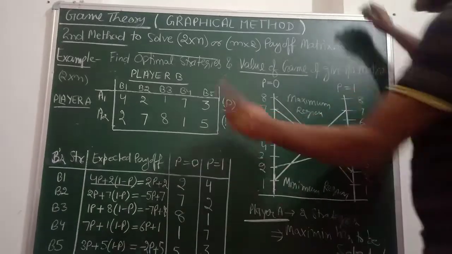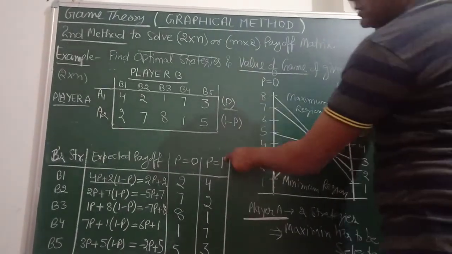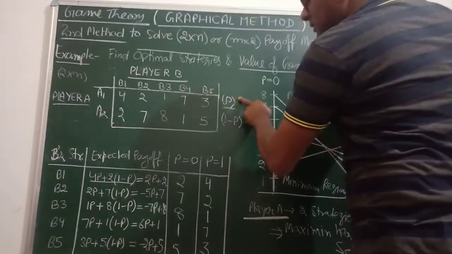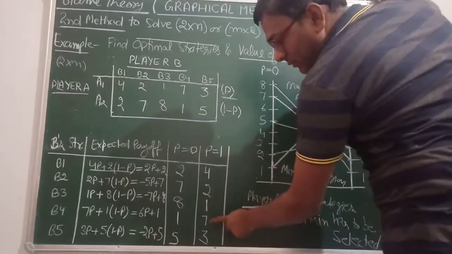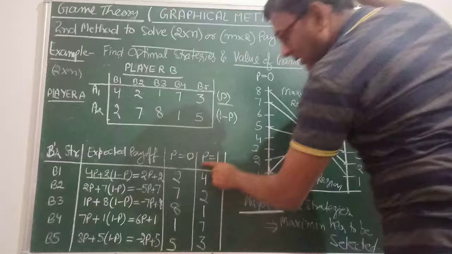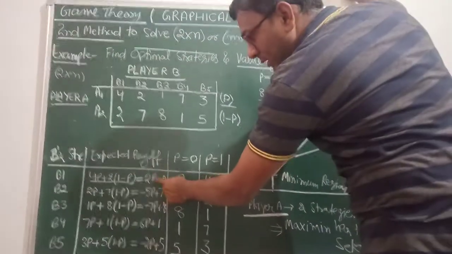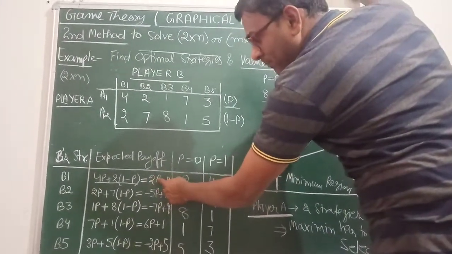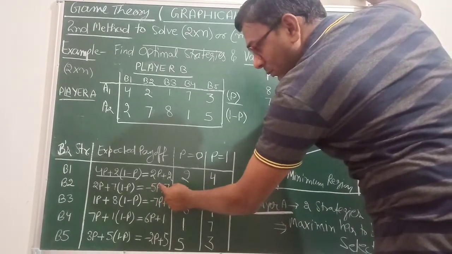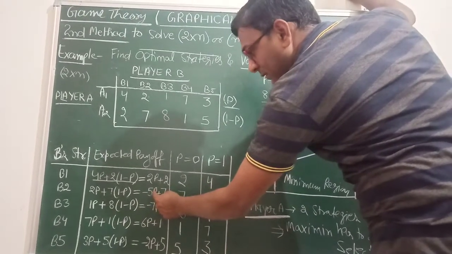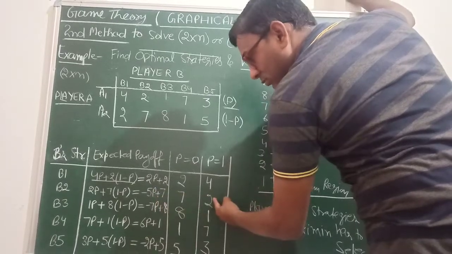Now if the probability of using strategy A1 is 1, then let us find the values for B1, B2, B3 and B4 by putting 1 for P. 2 into 1 plus 2 is equal to 4. Putting 1 for P again, minus 5 into 1 plus 7 is equal to 2.